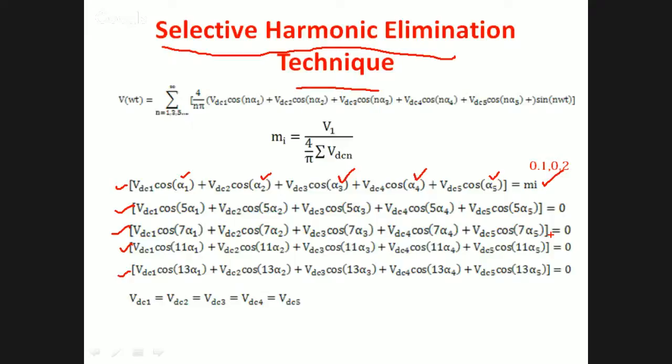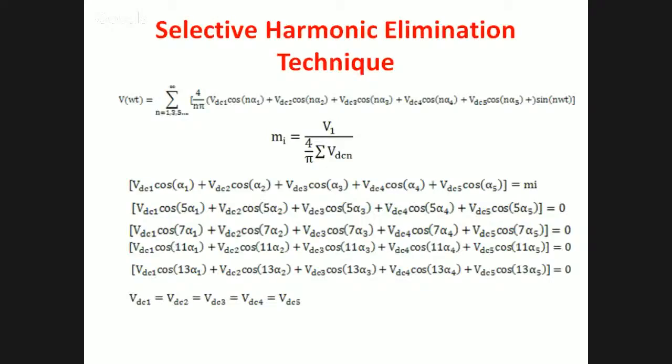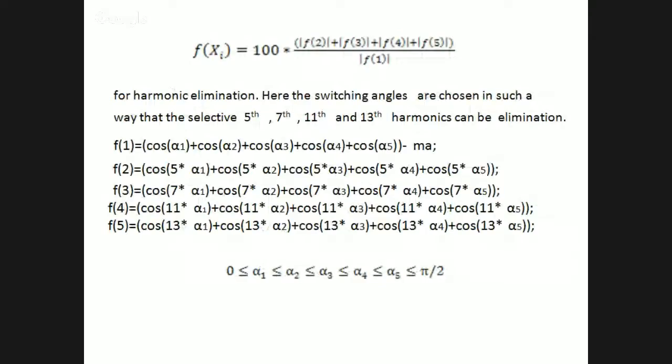Okay, so if you want to use GA or PSO, what is required? Objective functions, which you will be defining. For my problem, which I showed you here, my objective function is to eliminate my THD.